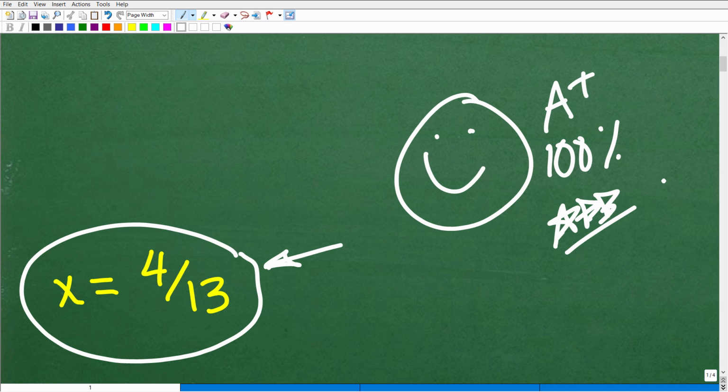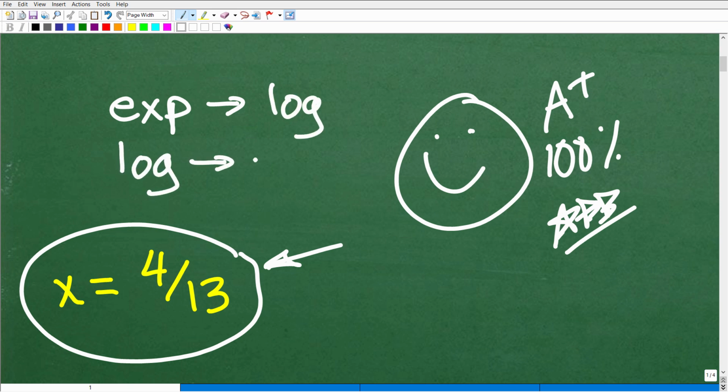Now, if you got this right with a calculator, that is good because in general, when you're solving exponential equations, you're going to be using logarithms. And when you solve logarithmic equations, you're going to be using exponents because exponential functions and logarithmic functions are inverses of one another.